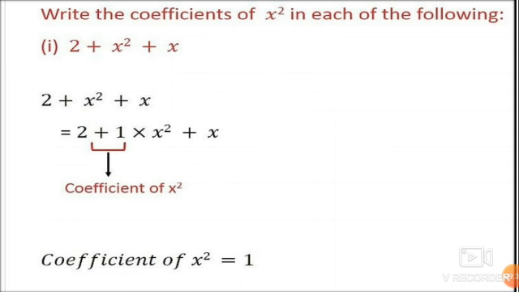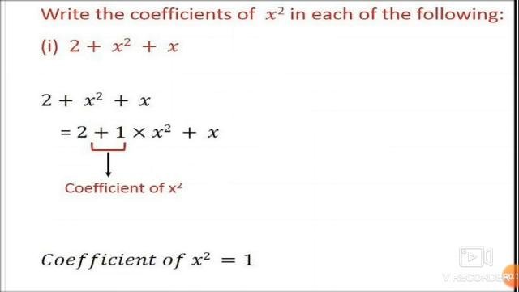You learned in previous classes what the constant, the variable, the degree and the coefficient are. Plus x. Write this expression once again: 2 plus x square plus x. Observing carefully, the coefficient of x square is 1.